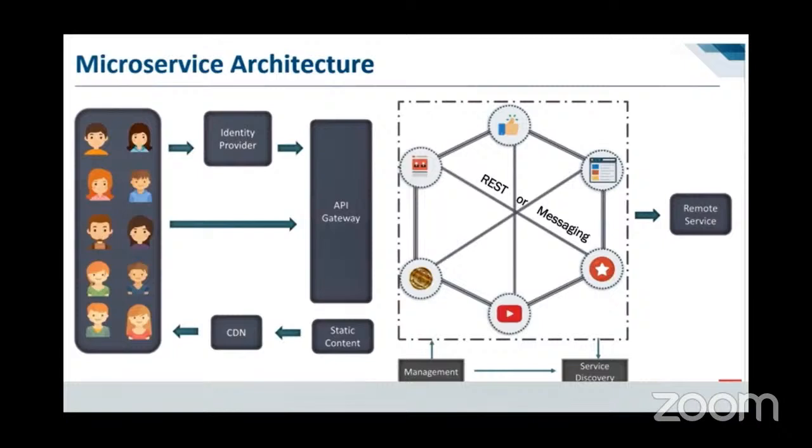Now, how is this implemented in cloud? Each of these microservices is deployed on its own OpenShift cluster. For example, the video streaming microservice will have its own OpenShift cluster, which will have its own Kubernetes cluster and pods, which will in turn have multiple Docker containers. So that is the way it is implemented.